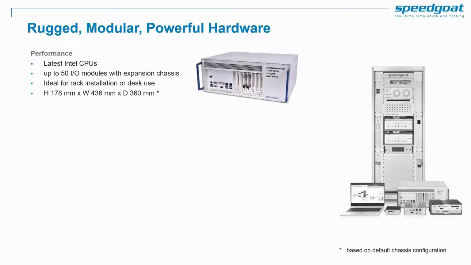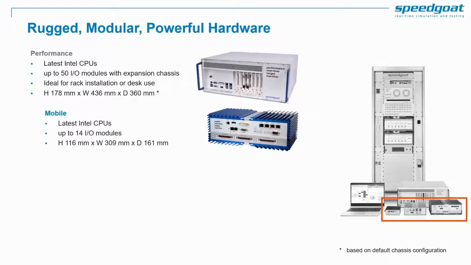The mobile, baseline, and unit machines are ruggedized, hence allowing being used in prototypes or moving vehicles of any kind. Yet, they are powerful and allow for modular I/O expansion. The mobile is a compute powerhouse leveraging Intel's latest mobile CPUs, and it can host up to 14 I/O modules.